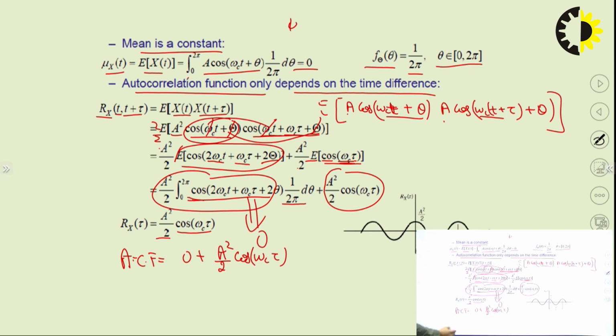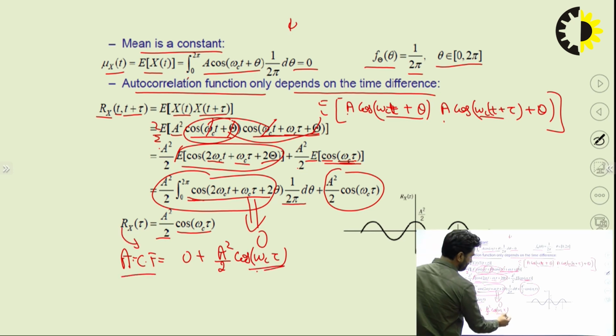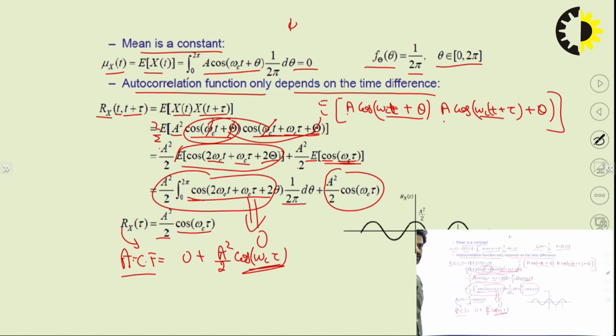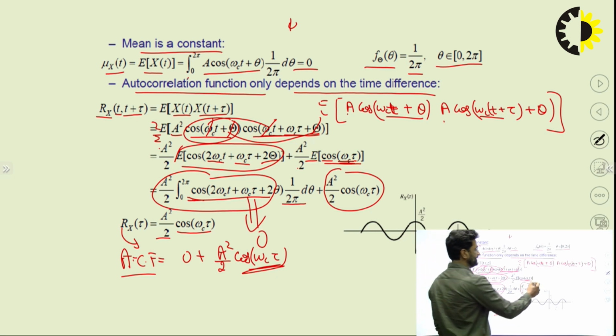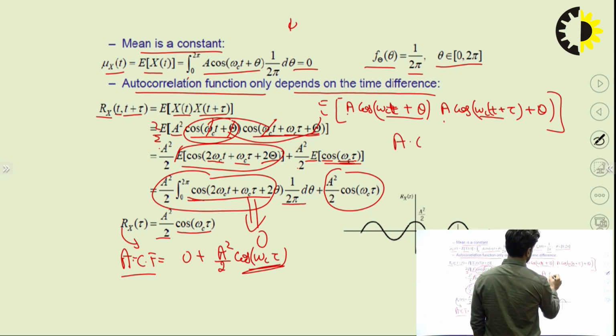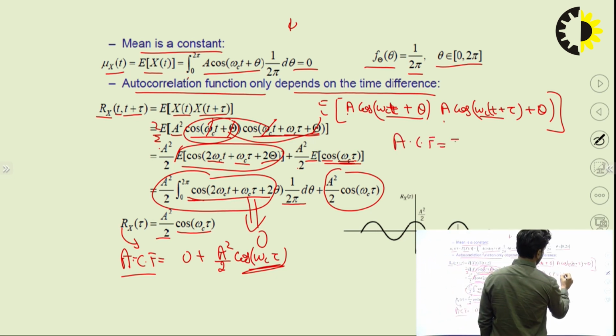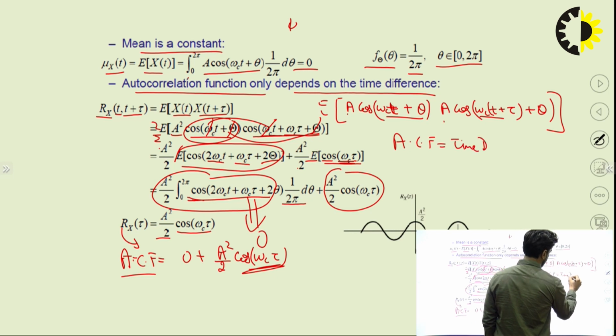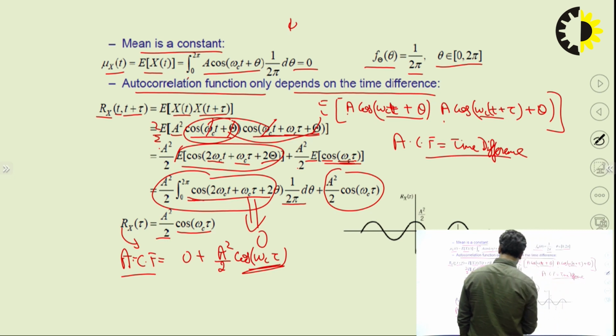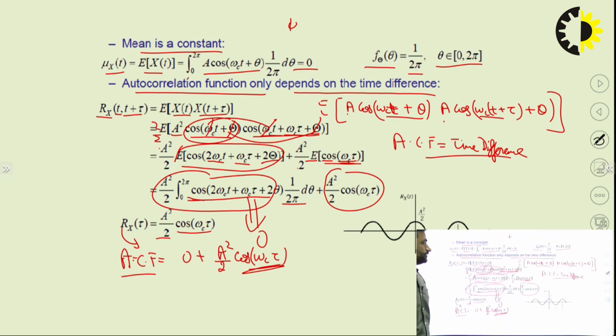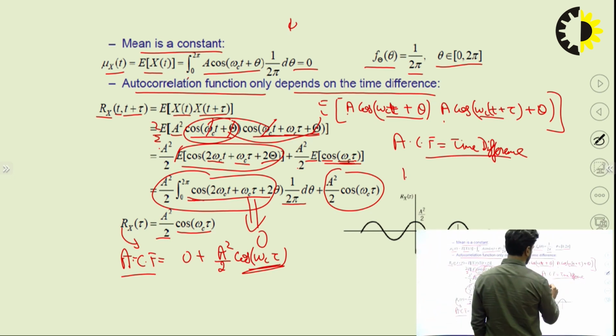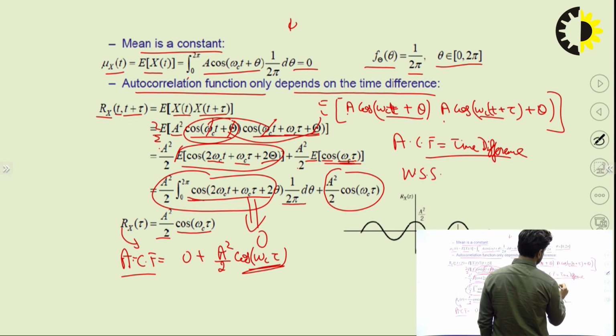Now we can see this ACF, this Rx(τ), is depending upon the time difference, that we had to prove, and we have proved already. Now ACF is depending upon the time difference. No other quantity is present in this term, so the WSS property is satisfied, so it's a WSS process.